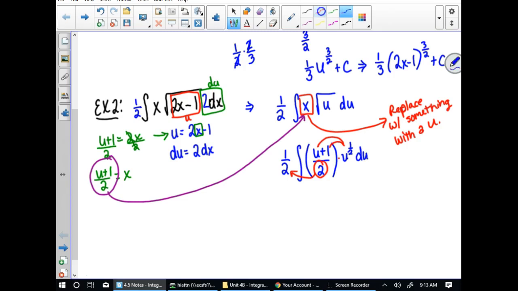So that 2 in the denominator is going to go out front, so that will give me a 1/4 integral of, and then I'm going to distribute this u to the 1/2. Right now that's u to the first power, so that will be u to the 3/2 plus u to the 1/2, and we'll have a du here.